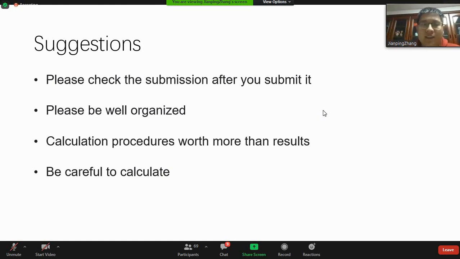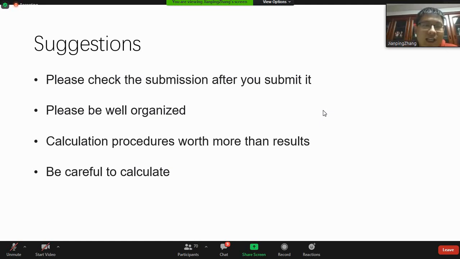So I suggest that you write down as many procedures as you can. That is also true for the midterm or the final. If you write down more, we may give you some effort scores. Actually, the procedures take about 70 or 80% of the whole score. So please be careful with your procedures and write down as much as you can.